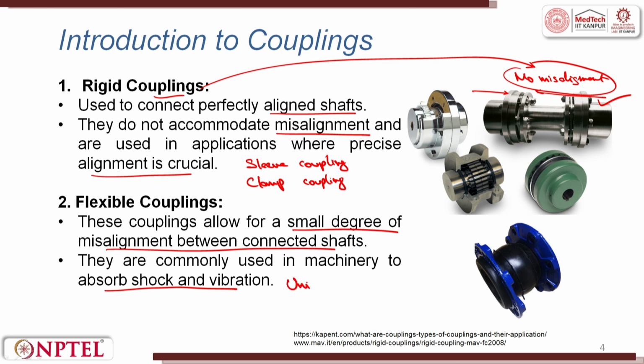universal joint. Then we have gear coupling, because vibrations in gears are there, so those could be covered using this kind of coupling. Also we have elastomeric couplings.